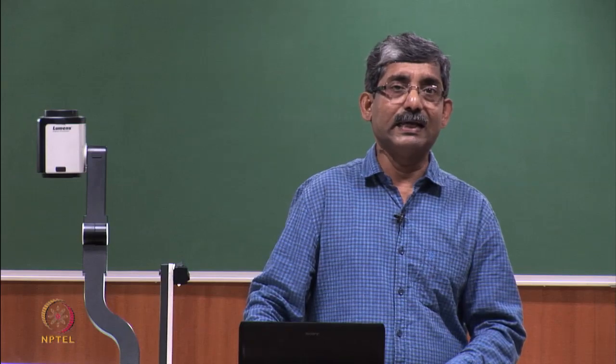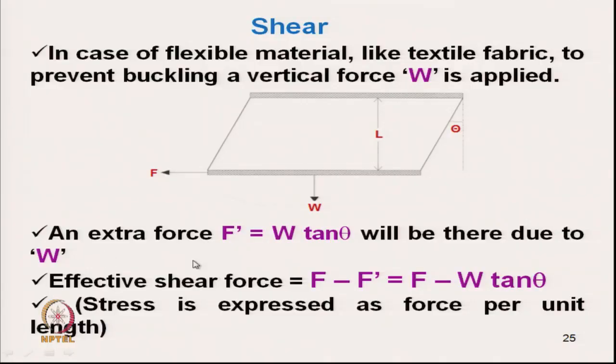So that widthwise there is no buckling, and it becomes straight. We have to apply this extra force in addition to F. To balance the W, we have to apply an extra force F dash, which is equal to W tan theta, where theta is the angle of shear.